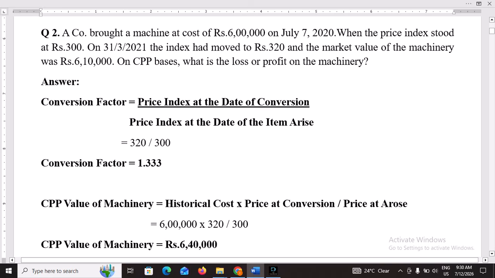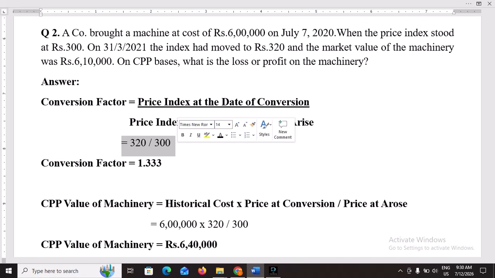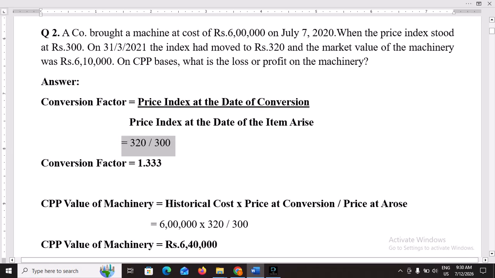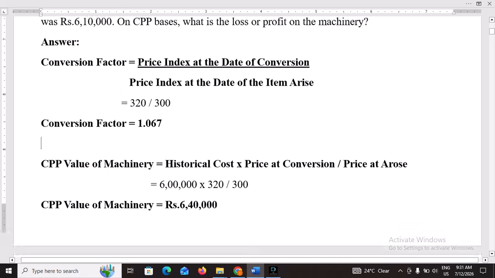So 300. Solve this, 320 divided by 300. You will get 1.0667. So the conversion factor is 1.067.